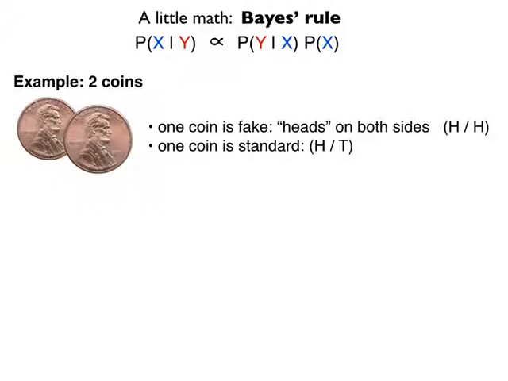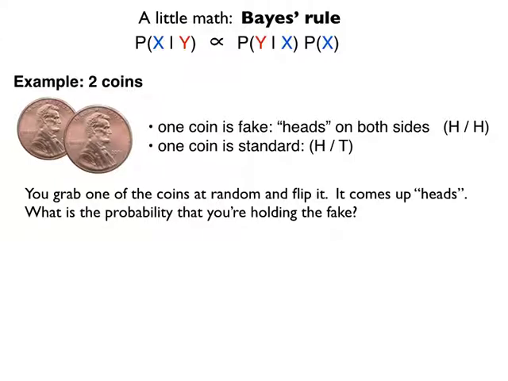All you have is draws or samples from that coin. And your goal is to figure out, is it fake or is it not fake? You can actually use Bayes' rule in this context to do this problem. So you grab one of these coins at random, you flip it, it comes up heads. What's the probability that you're holding a fake? You can use Bayes' rule to solve this kind of problem.